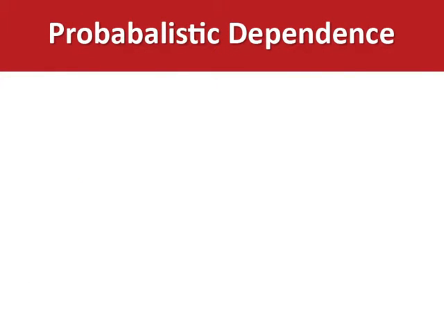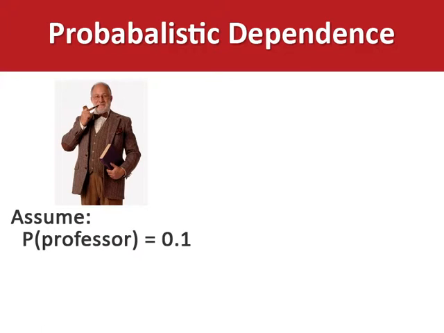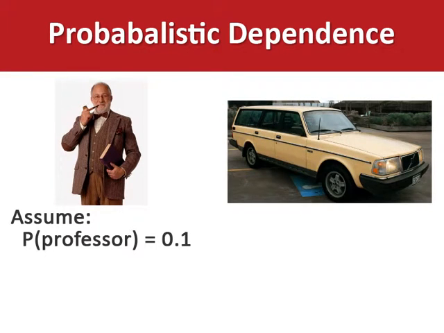Let's use a slightly different example to illustrate probabilistic dependence. So let's say you're walking down the street and you meet someone, just any old person, and the probability that a person taken at random from society is a professor is, let's say, 10%. And then let's also assume that the probability that a person owns a Volvo is also 10%.